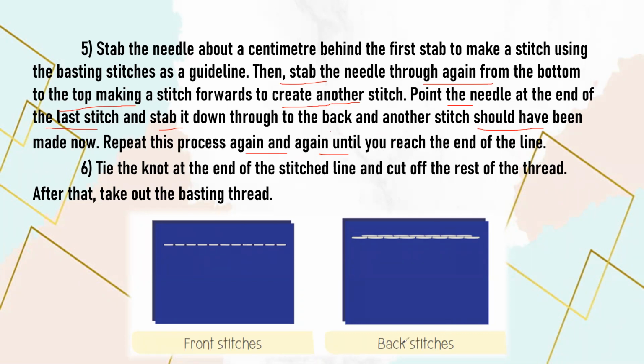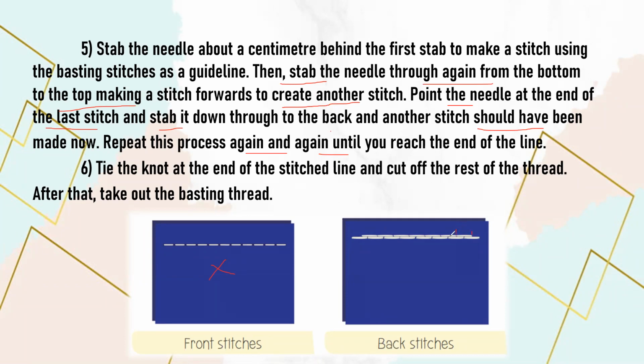Here you can see the first one given. This is actually the front stitch. How we do the front stitch: we make a stitch, making a straight line, right? The back stitch, how we do it, we are going to start from half in between.